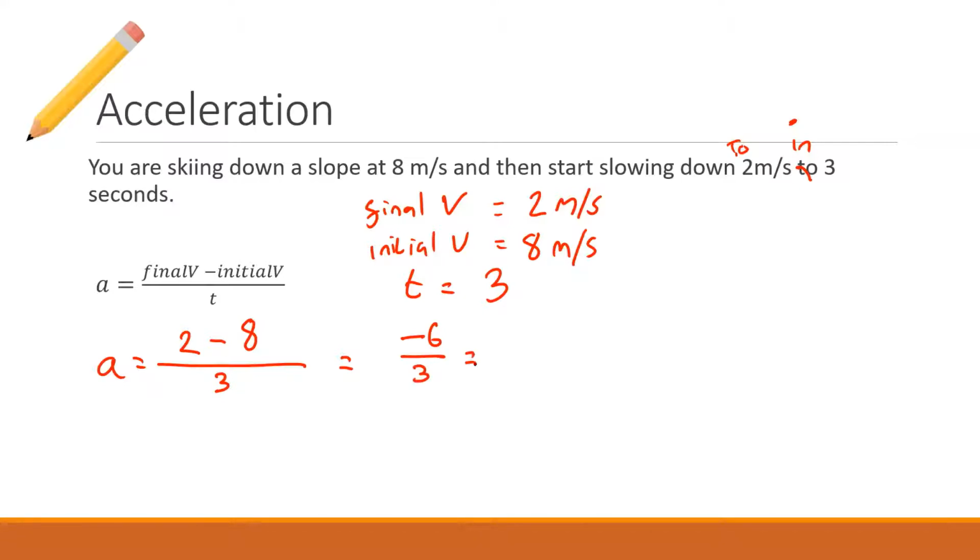Negative 6 divided by 3 gives us negative 2 meters per second squared. And that's how I find the acceleration.